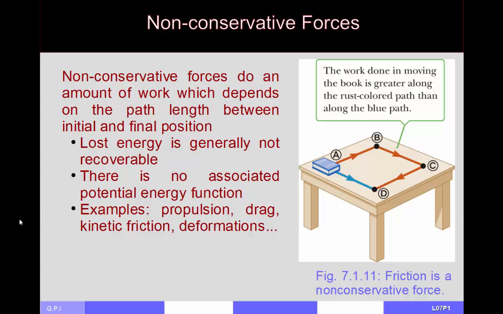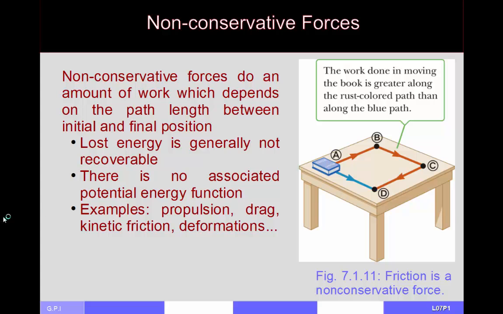So there's a variety of non-conservative forces, and by the way, I kind of planted the assumption here that it's always lost energy that's done by a non-conservative force. That's not always true. For example, a propulsive force is also not really a conservative force.